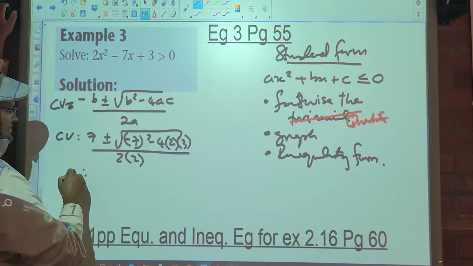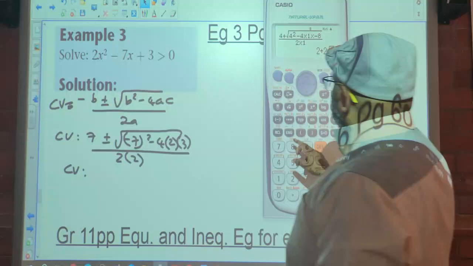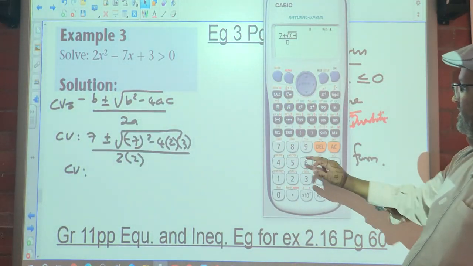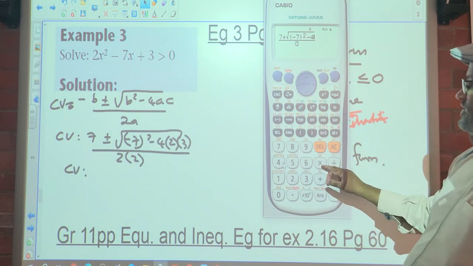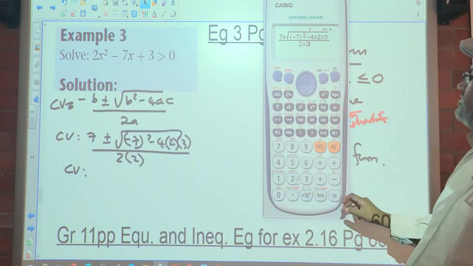So we put the 7 plus minus the square root of negative 7 squared minus 4 times a times c over 2 times 2.